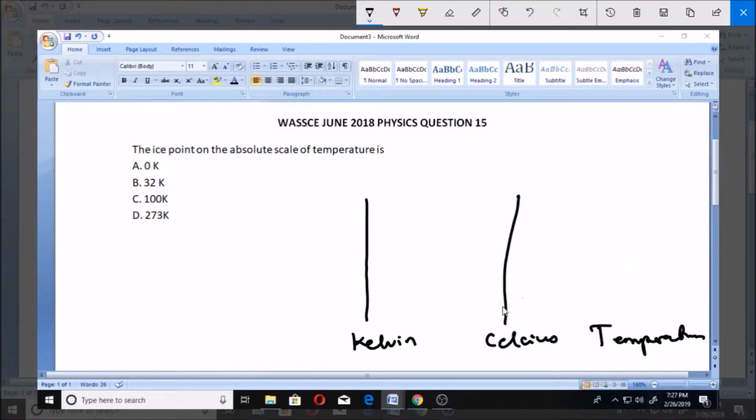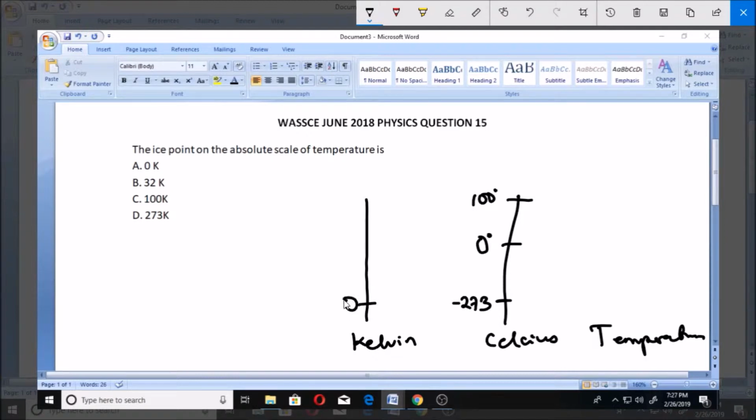Now, in the Celsius scale, for water, we have 100 degrees Celsius for boiling. Then we have the ice point at 0 degrees. Then we also have the absolute zero, which is minus 273. This is for Celsius. So we have the equivalent of all these for Kelvin.